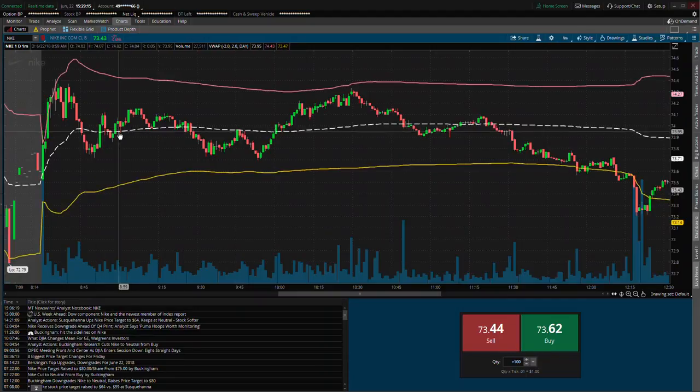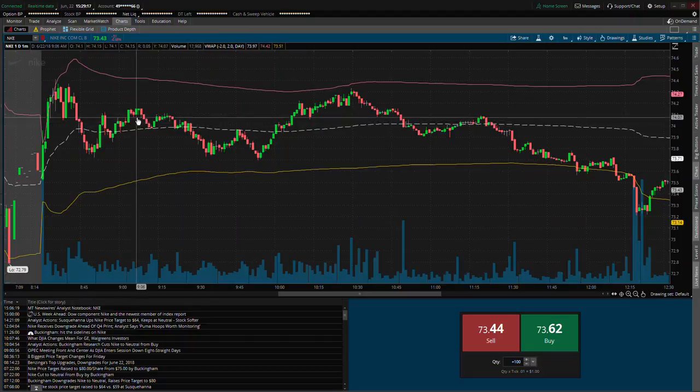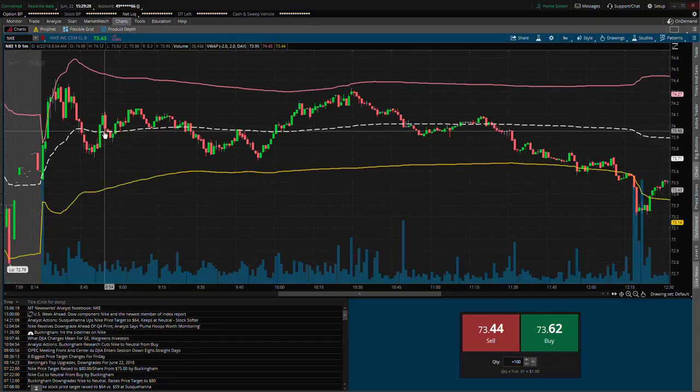And as the day goes on, if you see any of these lines acting like a support or a resistance, that's when you start deciding when you're going to make your entry point and your exit.